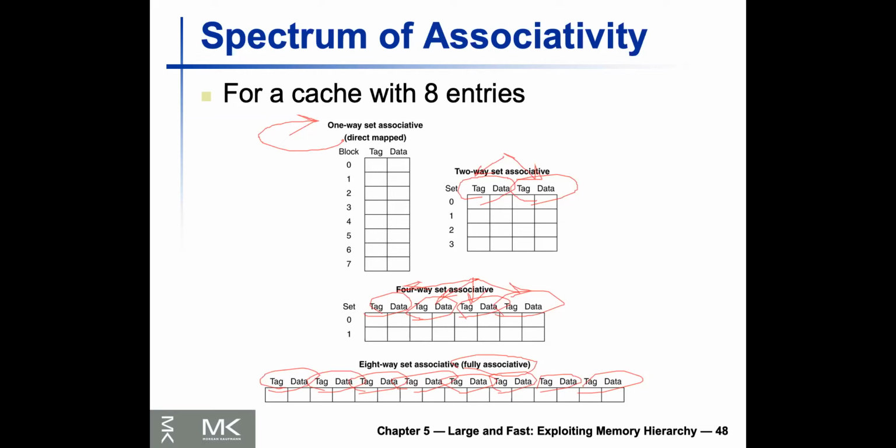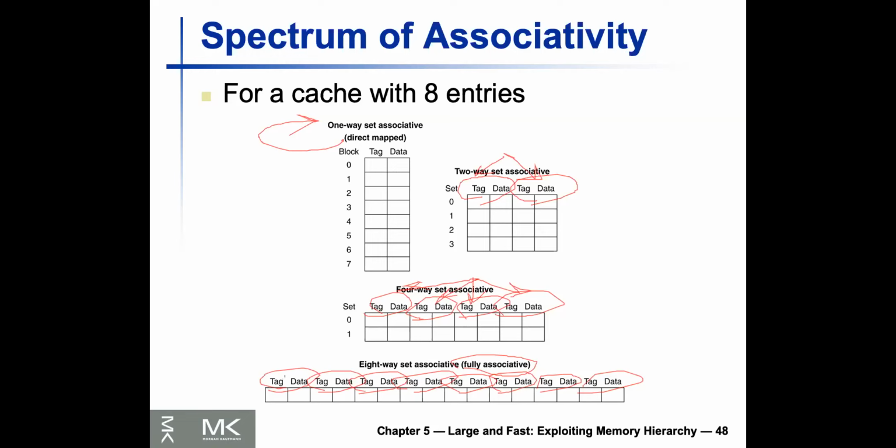Any questions? Direct map, I mean, there's no notion of sets there; one set is fully associative, right?